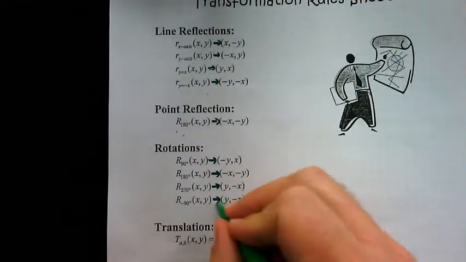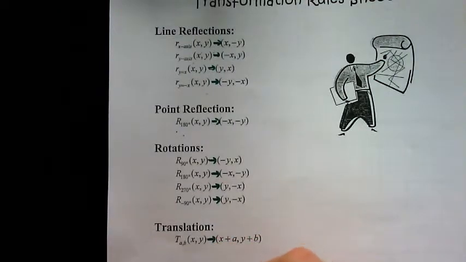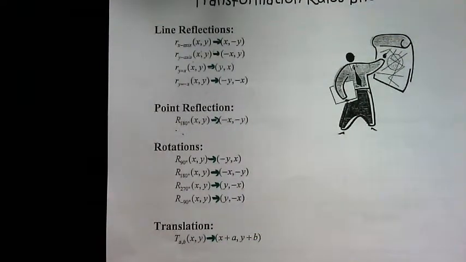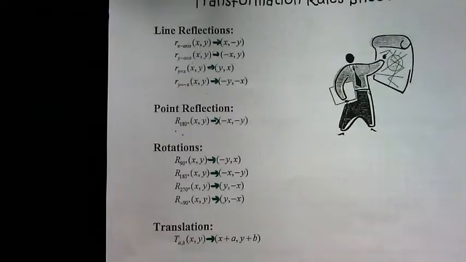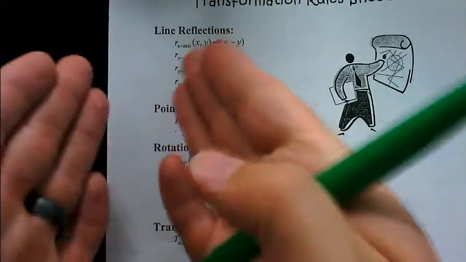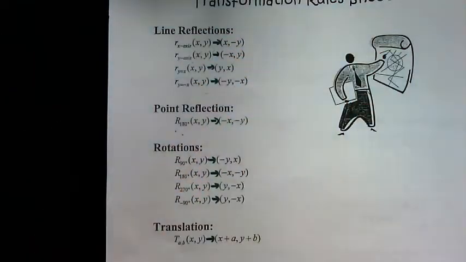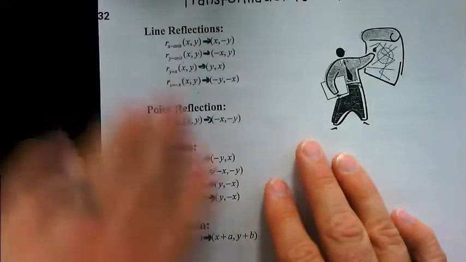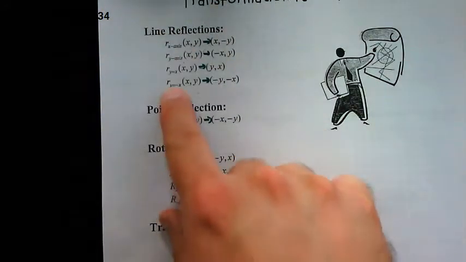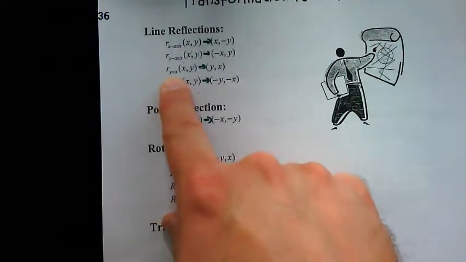I don't remember where I originally got this paper. So again, it should really be an arrow instead of an equal sign. Just saying that if you're doing this, then this is what's happening to it. But yeah, that's our notation for each one of those things. So this was the one that I was just talking about.